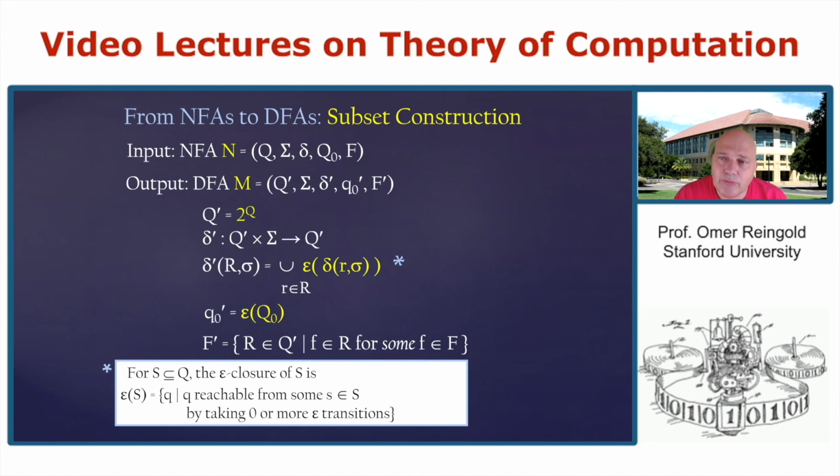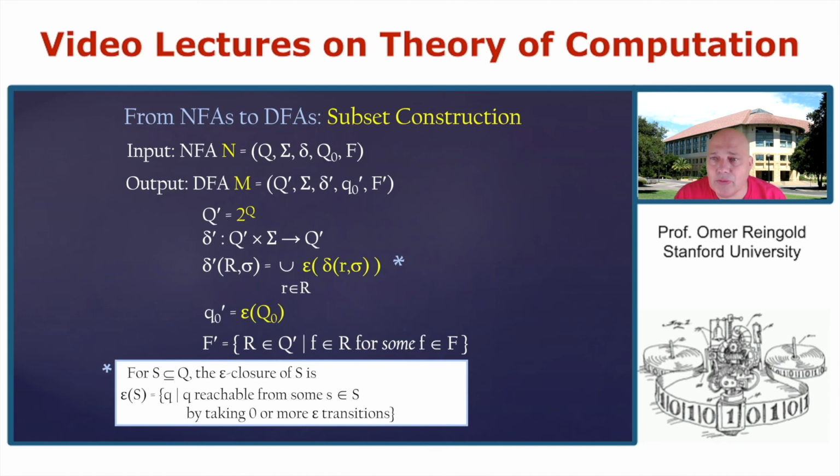So remember that an NFA can accept a string if there is some path to an accepting state. There are perhaps paths for other states that are rejecting, but it's enough that there is one path to an accepting state.